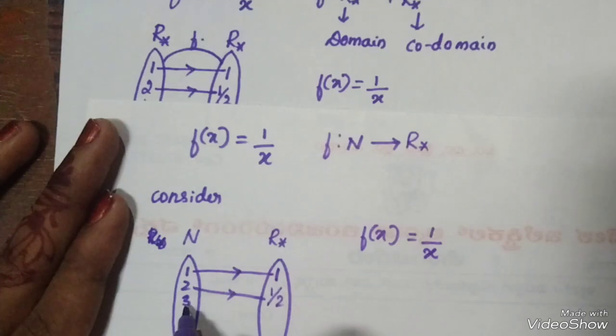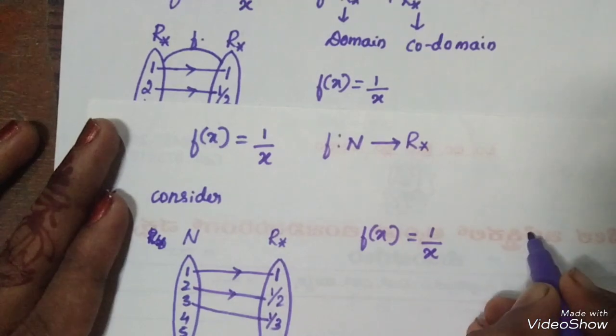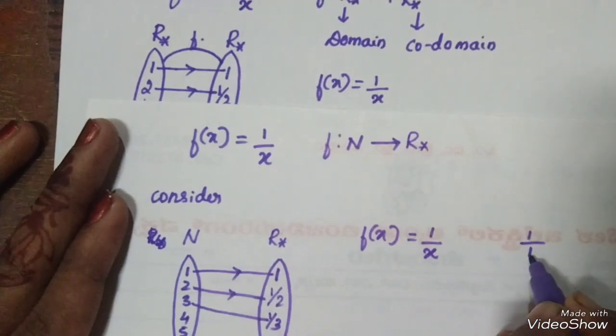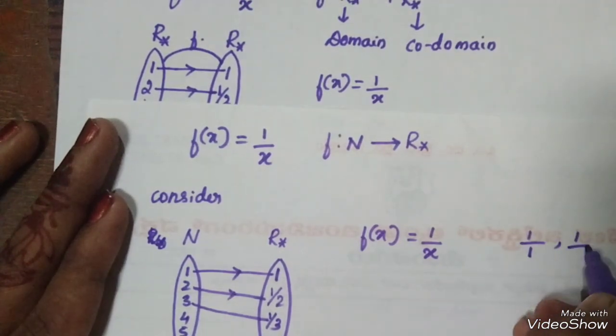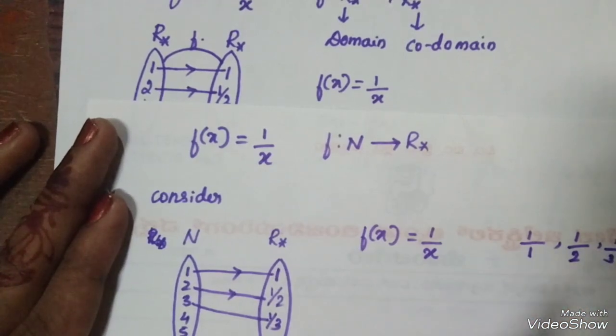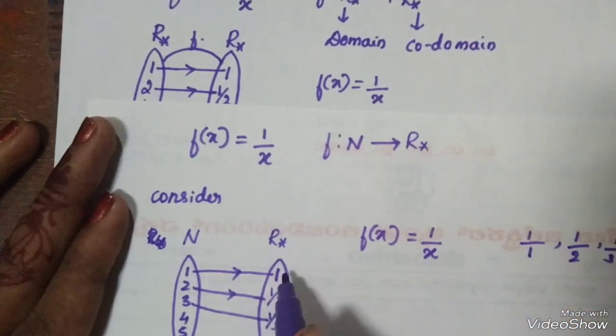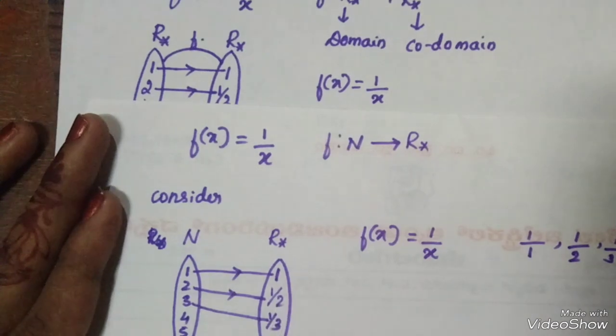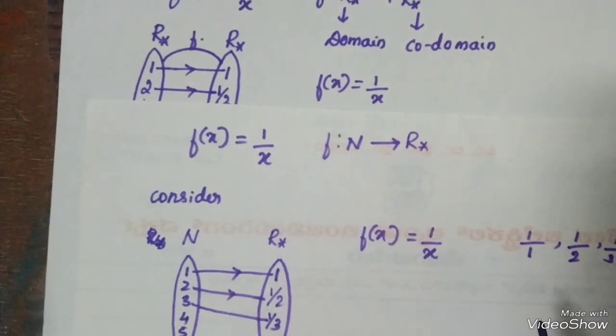Put x equal to 3, then we get 1 by 3. So on for n values. All are real numbers.